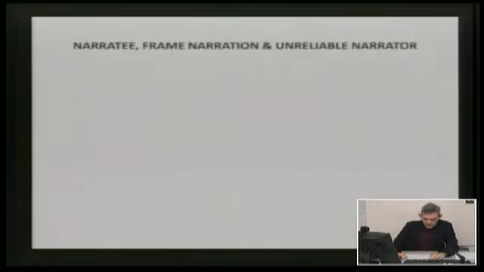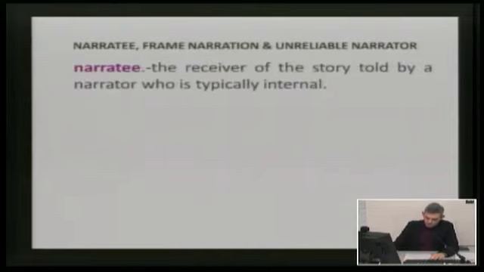Other relevant concepts are those of narratee and framed narration. A narratee is the receiver of the story told by a narrator who is typically internal.